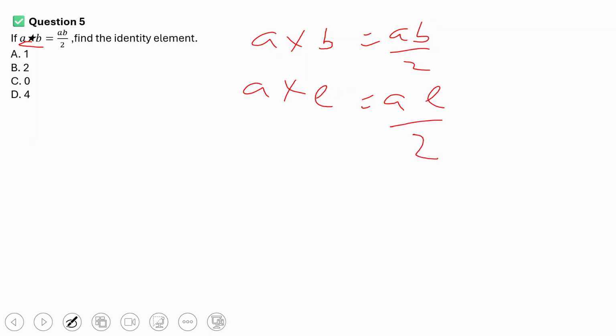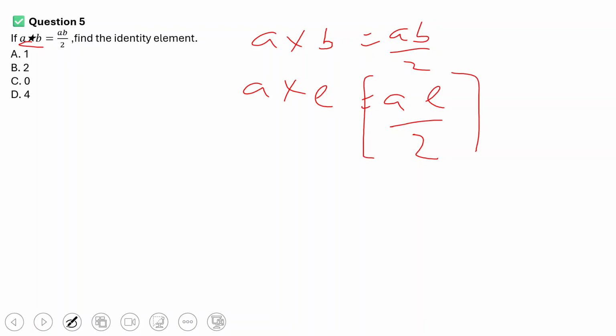Mind you, for multiplication, the identity element is the element that would not change the original expression, right? So this is what we want.